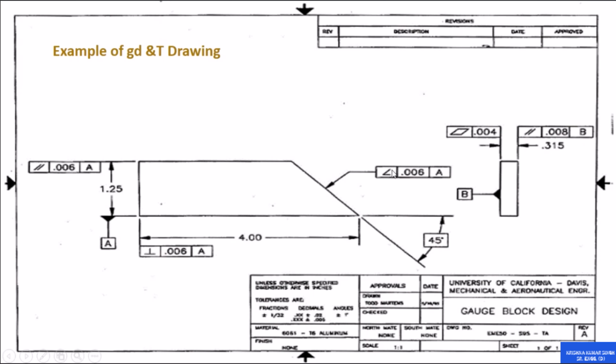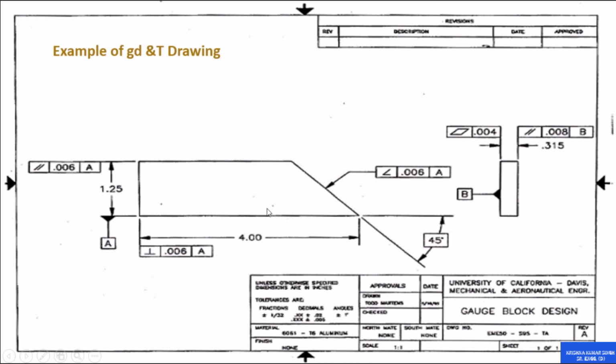Like here you can see straightness, which means that a 0.06 tolerance is given from the datum plane. That datum plane means that plane should be taken as the reference for measuring. Similarly here you can see another datum, which is again taken as a reference, and the symbol here is perpendicularity.